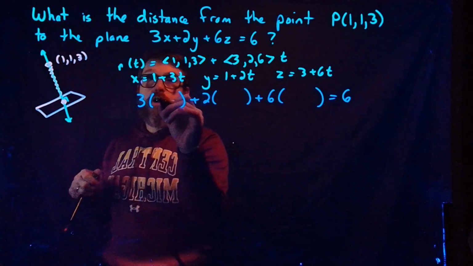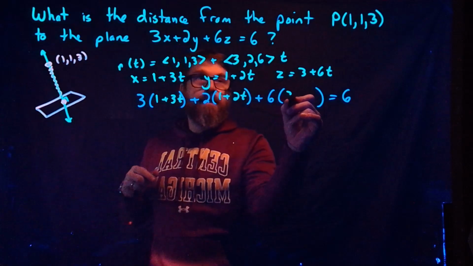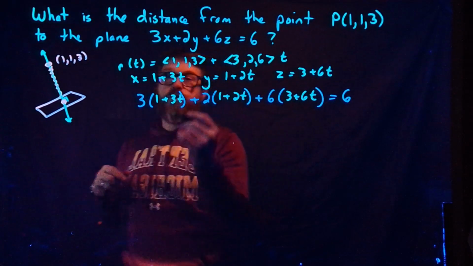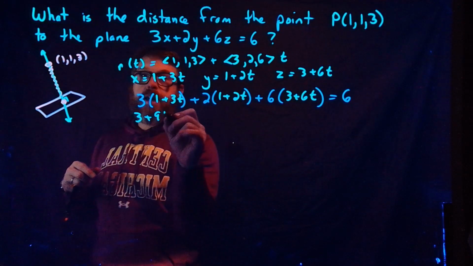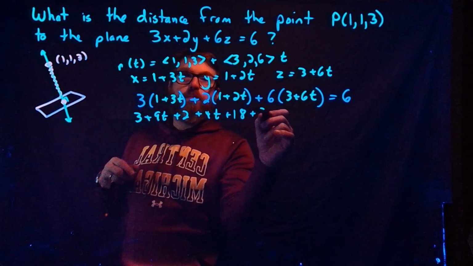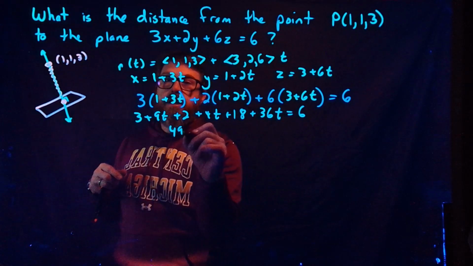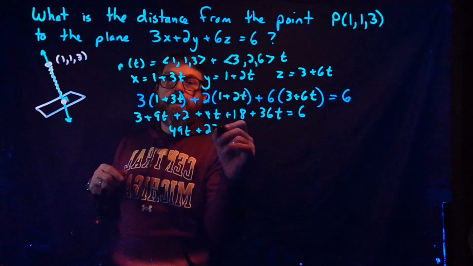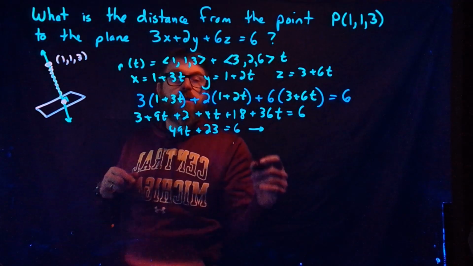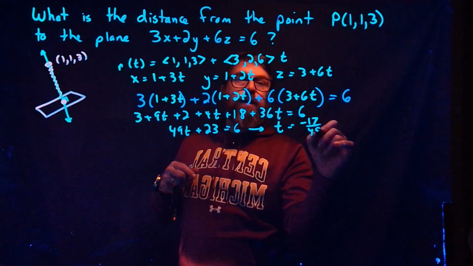So I'm going to plug the line into the plane. Distributing, I have 3 plus 9t plus 2 plus 4t plus 18 plus 36t is equal to 6. Collecting all my t, so 49t, and then my constants, is equal to 6. What this gives me is t is equal to negative 17 over 49.